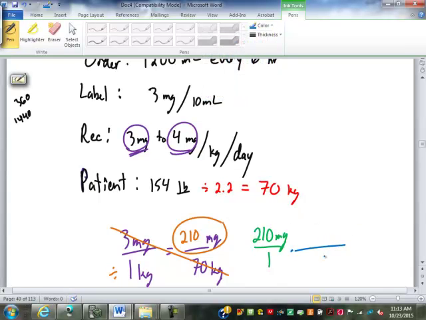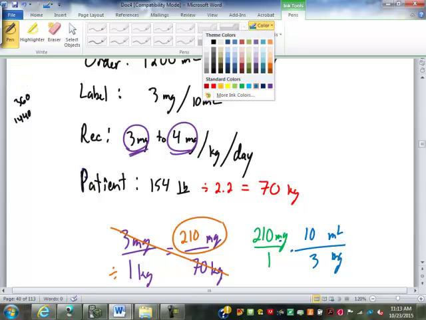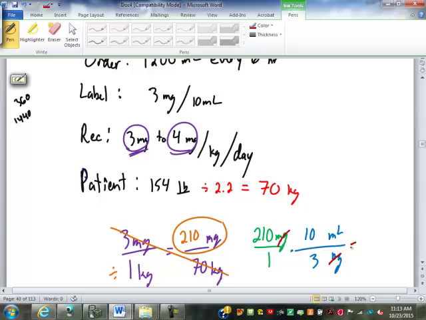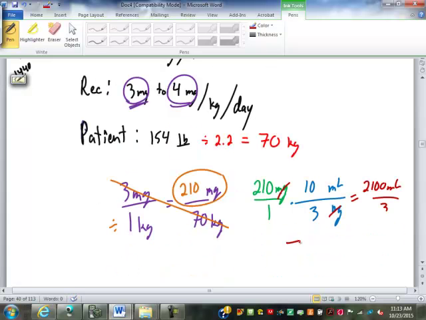Okay, perfect. I always do the bottom first because I know that milligrams have to cancel, but it's the same thing. 10 milliliters per 3 milligrams. So the milligrams cancel. This is 2,100 milliliters over 3, or 700 milliliters.